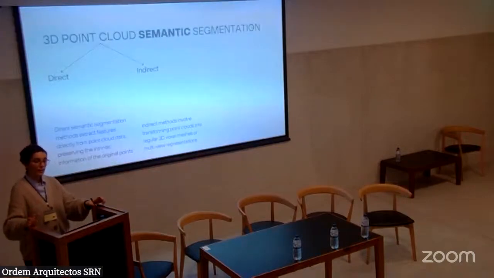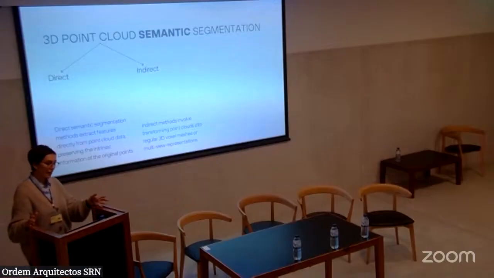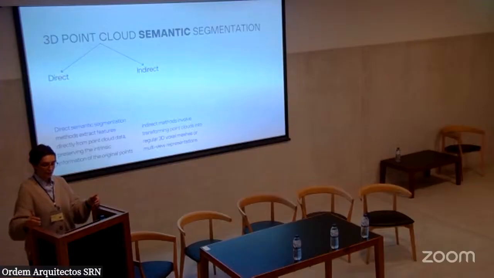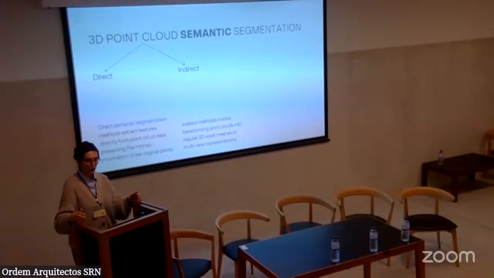3D point cloud semantic segmentation can also be divided in two different categories. The first one is direct segmentation, and the second would be indirect segmentation. In direct segmentation methods, we extract features directly from the point cloud data, while indirect methods involve transforming the point cloud into regular 3D voxel meshes or multi-view representations.